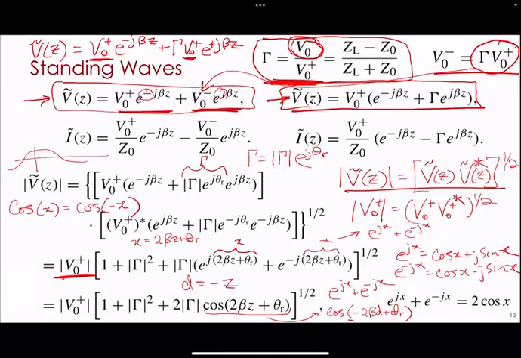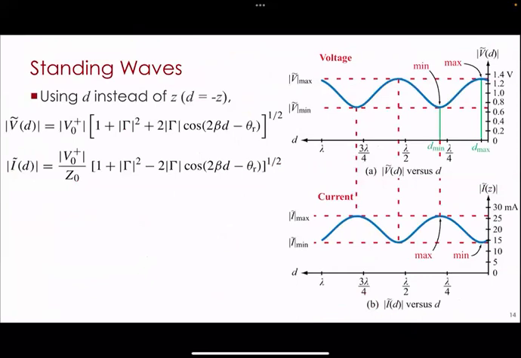So if we multiplied the stuff in there by -1, that would become positive 2 beta d, but then minus theta r. Positive 2 beta d minus theta r. That's our final form for the expression that describes the envelope of this interference pattern caused by two waves traveling in two different directions with potentially different amplitudes.